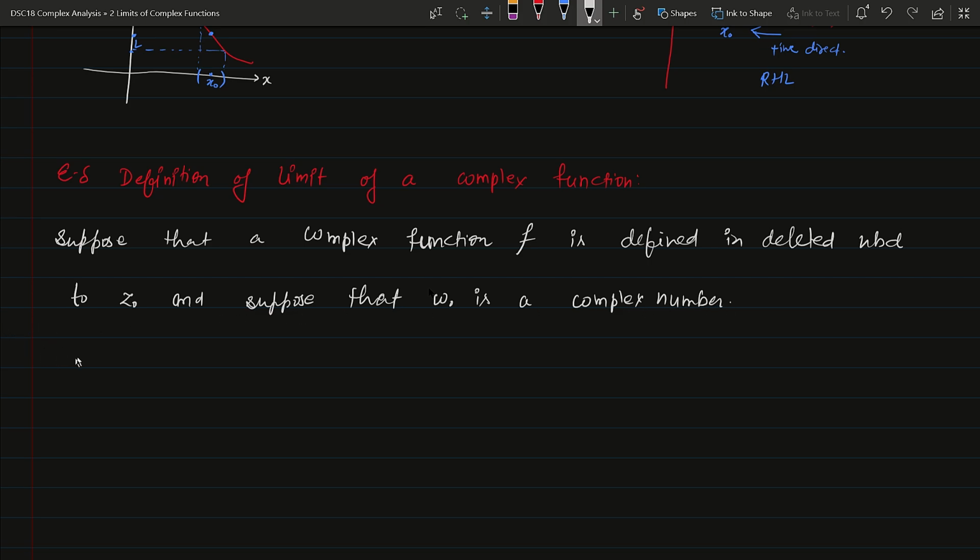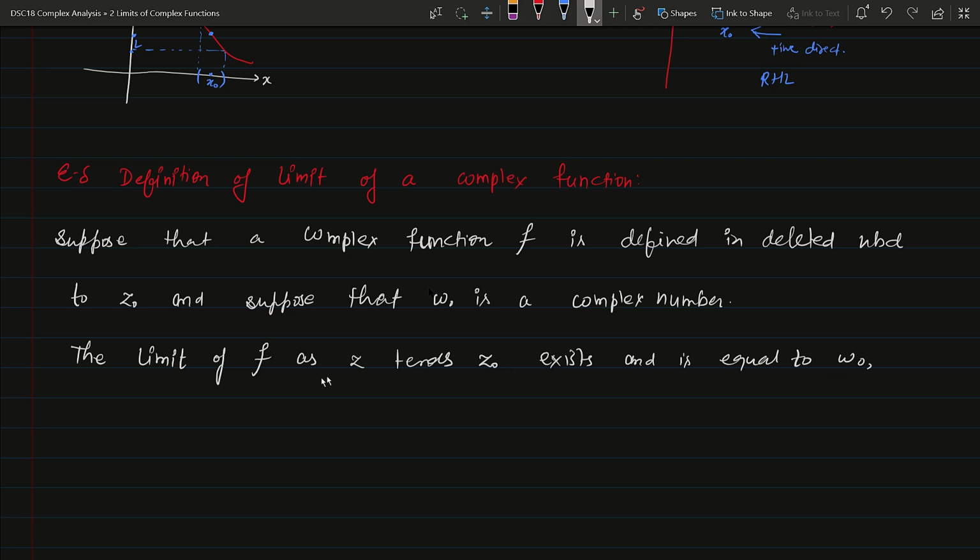Okay, the limit of f as z tends to z naught exists and is equal to w naught.